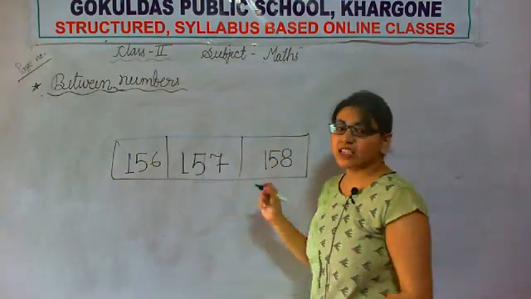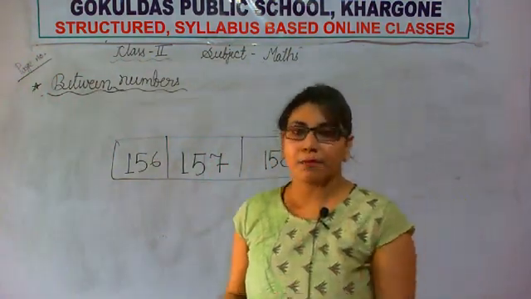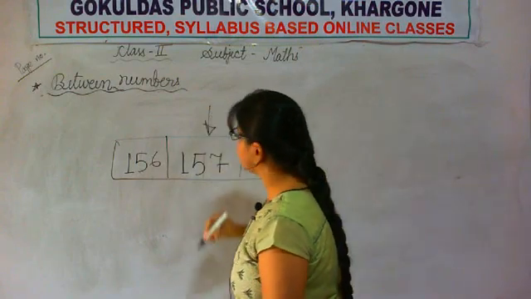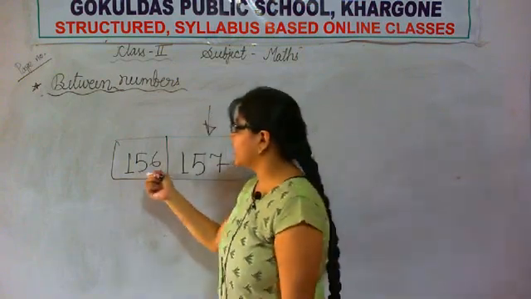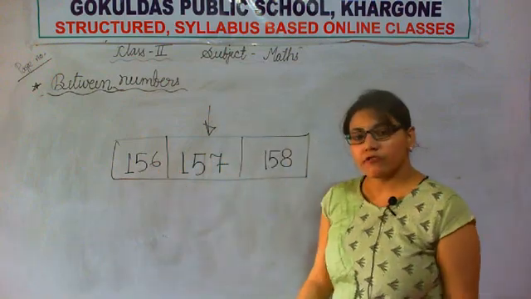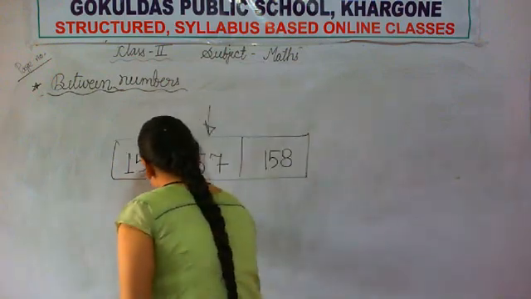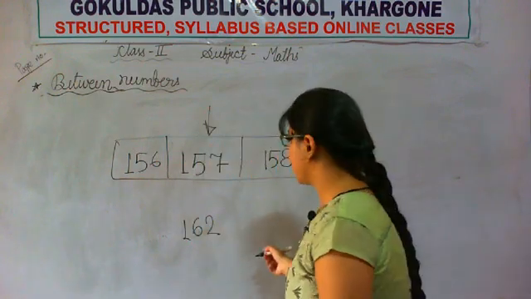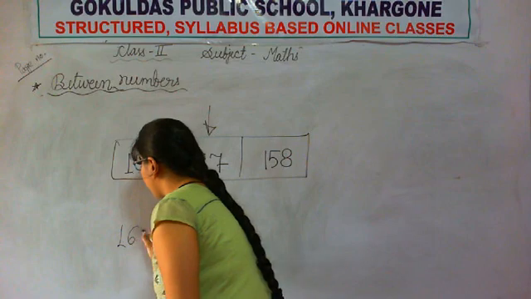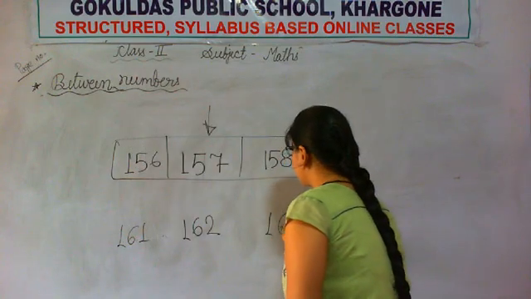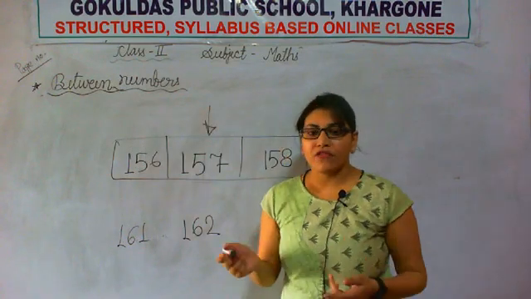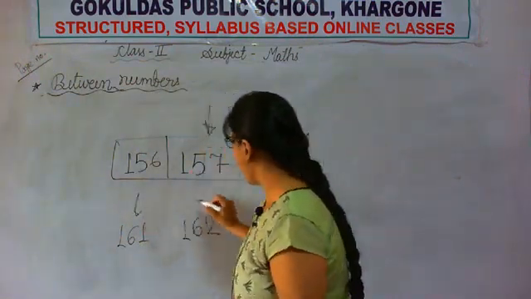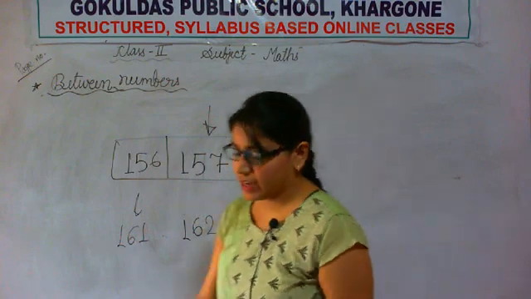The number which lies in between two numbers is called the between number. So 157 is the between number of 156 and 158. Let us take another example: 162 is the between number of 161 and 163. So the number which lies between two numbers is called the between number.